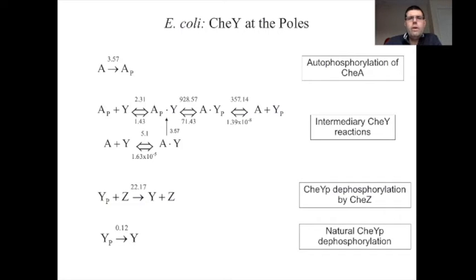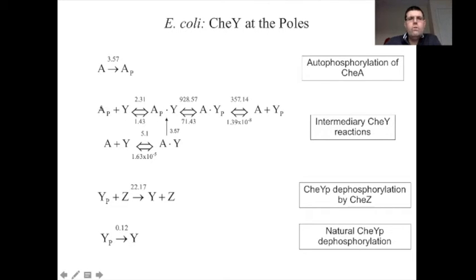So, although we can still have detail here in this slide demonstrating how CheA becomes phosphorylated and CheY phosphorylated becomes dephosphorylated by CheZ, and likewise phosphorylated CheY just naturally returns back to CheY in its unphosphorylated form, there are a lot more intermediary complex reactions occurring between a phosphorylated form of CheA and CheY itself to actually phosphorylate CheY.